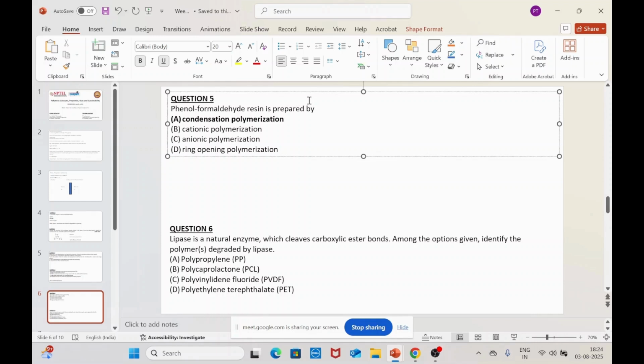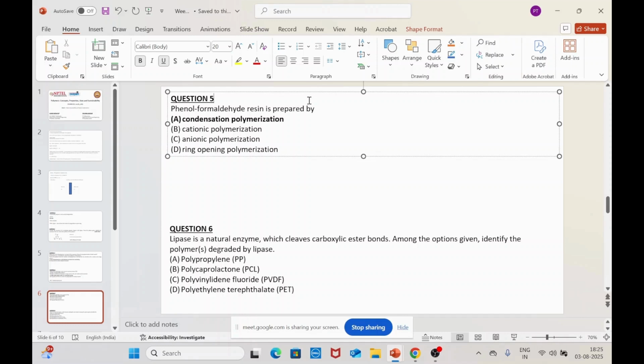So if you see phenol and formaldehyde, phenol has an OH group and formaldehyde is an aldehyde, HCHO. There are lots of possibilities that these two can interact with each other and undergo condensation polymerization to form phenol formaldehyde resin with water as one of the byproducts.